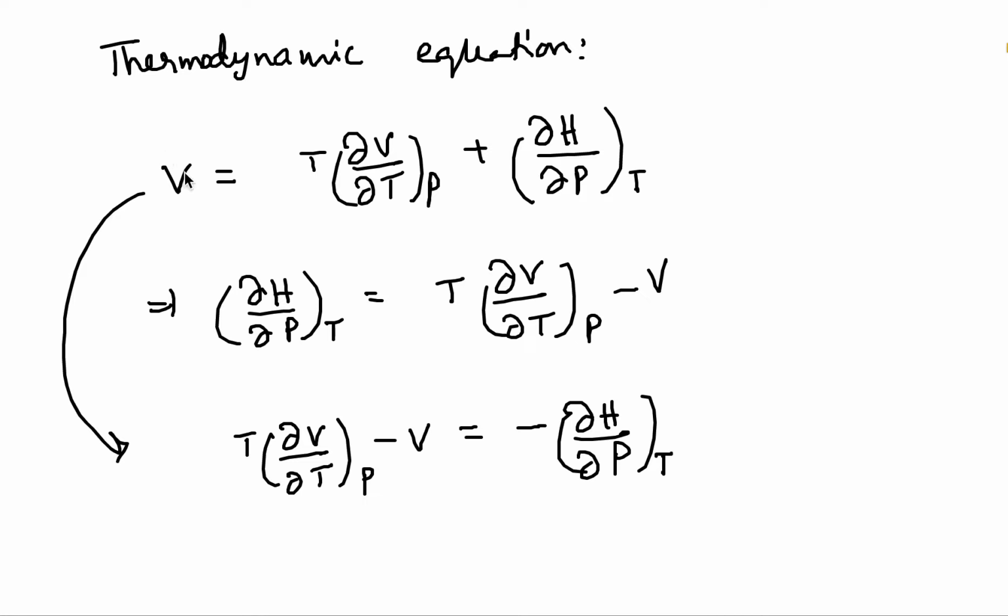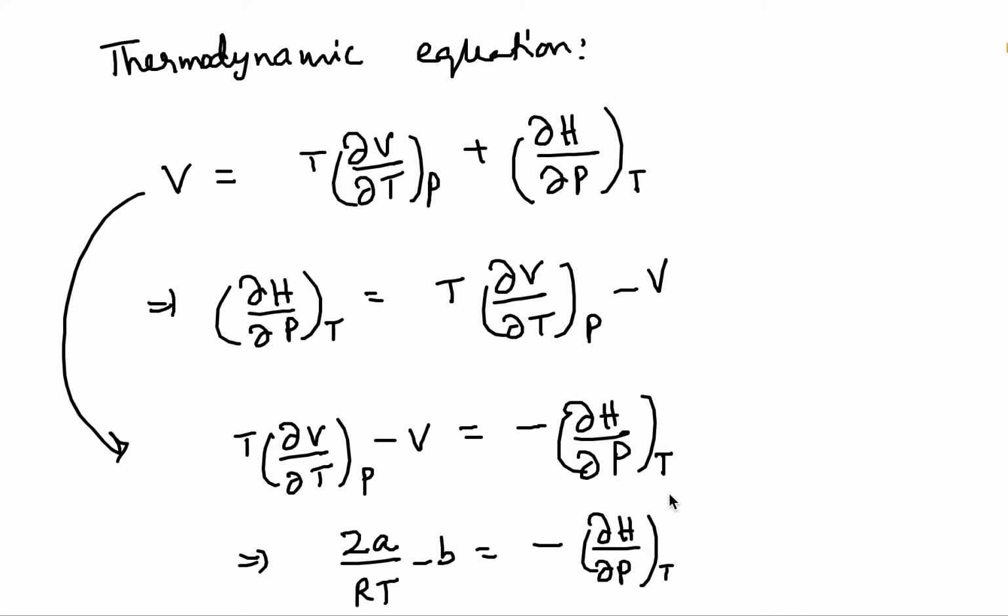I brought the value to the right side and this one to the left side, so a positive term becomes negative when it changes sides. So this one is basically 2A/RT minus B, which is equal to negative ∂H/∂P at constant temperature.